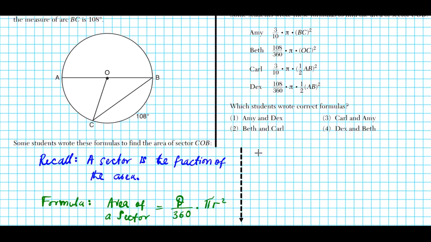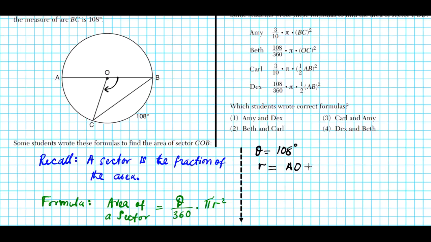Okay? So theta in this problem is the angle, okay, which is 108. Measure of the arc, 108 degrees. R, the radius, can be written in different ways. Okay, you can call the radius AO.